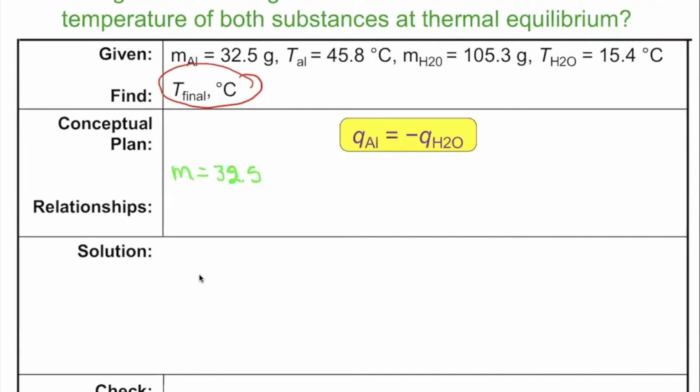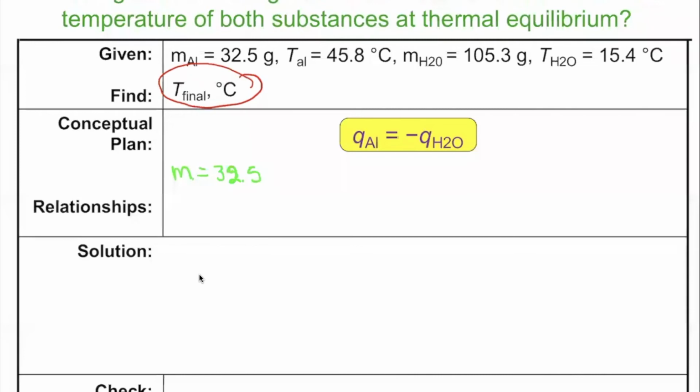I'm going to make this whole side negative: m of your metal times Cs of your metal times your change of temperature of your metal, equals m of your water, Cs of your water, and the change of temperature of your water.